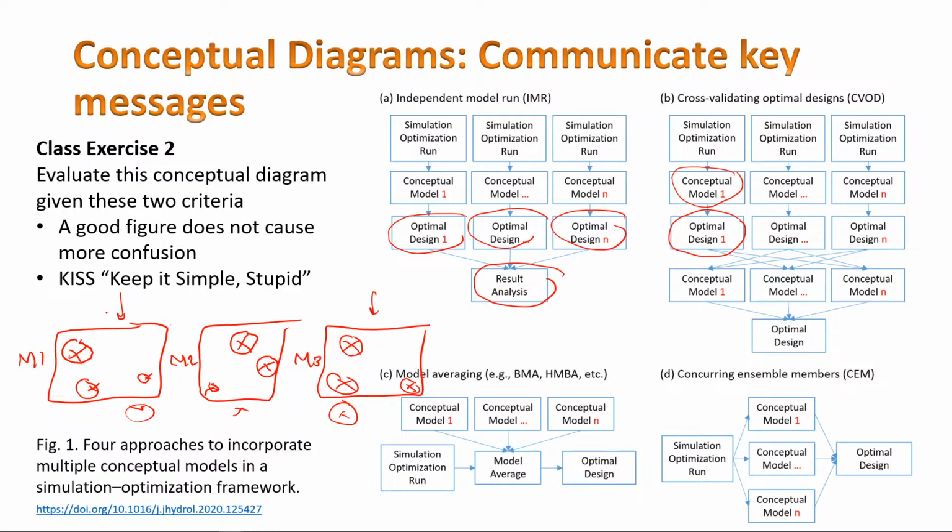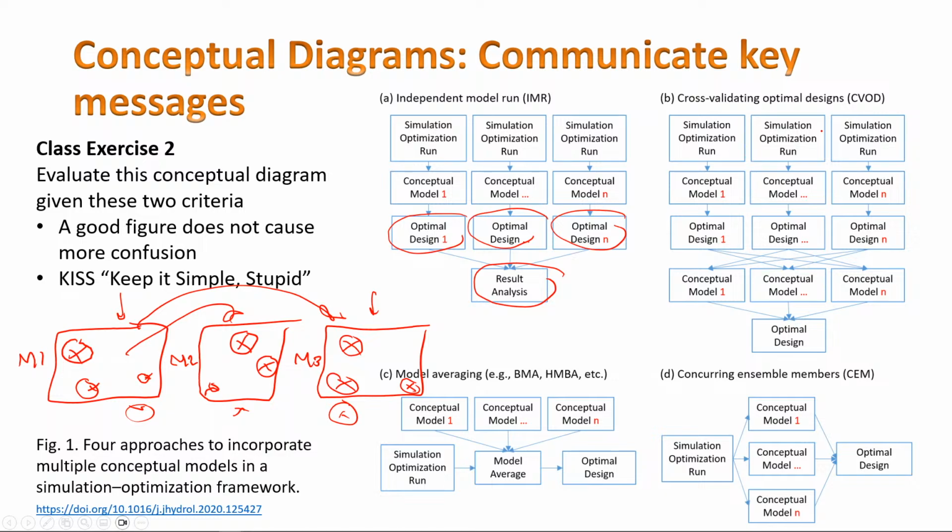So basically, I will take this design and run it on this model. I will take this design and run it on this model and see how it will perform. And then the design that will work on all the models and satisfy all the models, that would be the optimal design. Yeah. So that's another way to do this. So I presented this idea here.